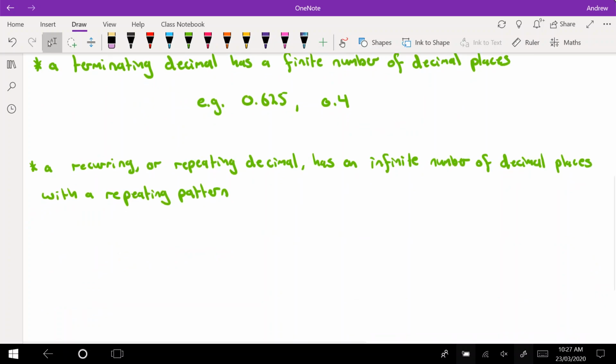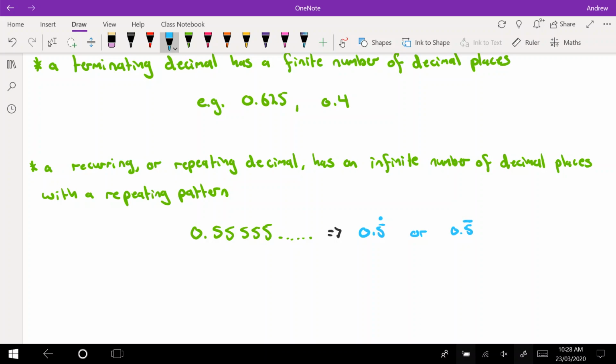So let's just say we've got a recurring decimal of 0.55555 and so on. Well, we can rewrite that using one of the following. We can have 0.5 with a dot above it, or we could have 0.5 with a line above it.